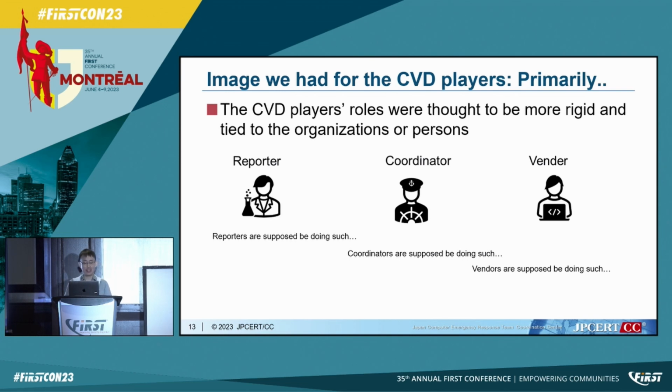But actually, roles often overlap. Lines between the roles are actually blurry. Stakeholders or players actually play multiple roles in CVD cases, depending on which stage of the CVD case they are in. So for example, reporters often coordinate just like coordinators. Coordinators, we report like reporters. And vendors coordinate within their group companies. So lines are actually blurry and can overlap sometimes.